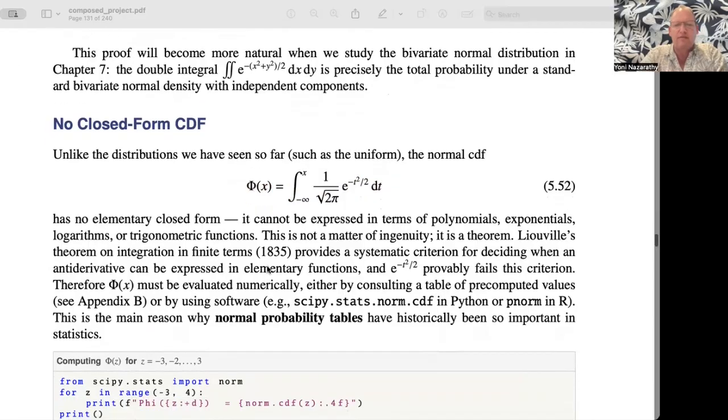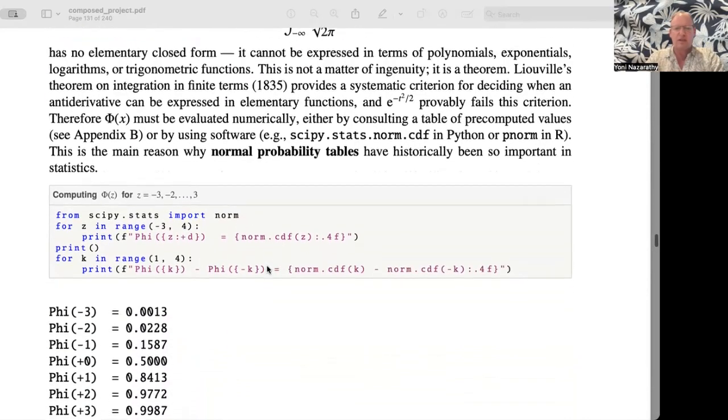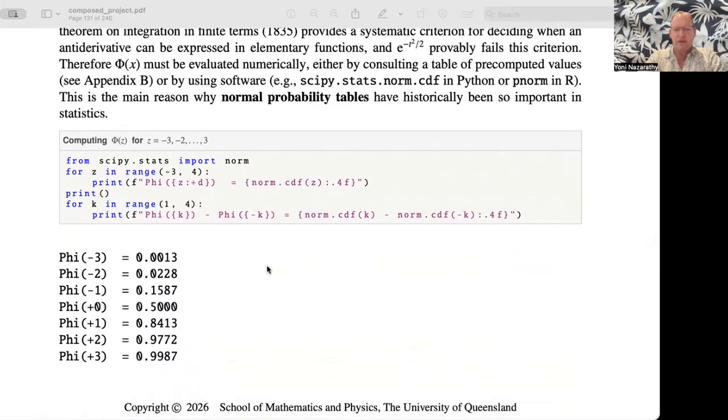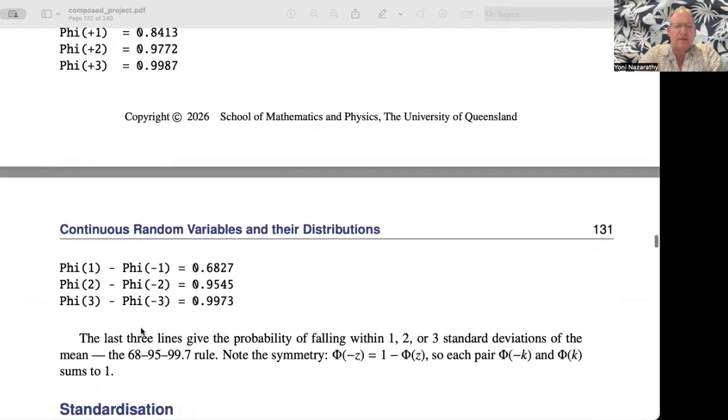We might give you normal probability tables in the exam, if needed. Okay, and maybe in the next lecture, lecture 17, I'll quickly show you a table. But in a computational setting, you can do, for example, scipy.stats norm, and then norm.cdf is going to give you the standard normal CDF values.